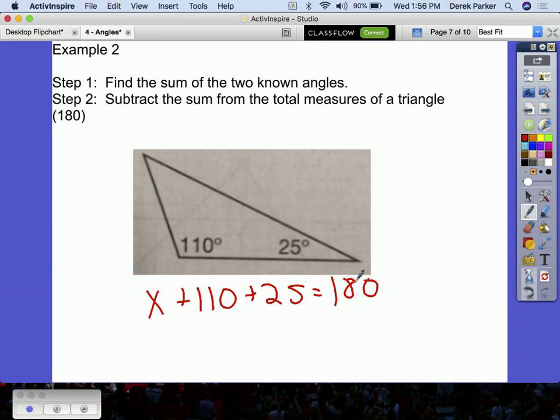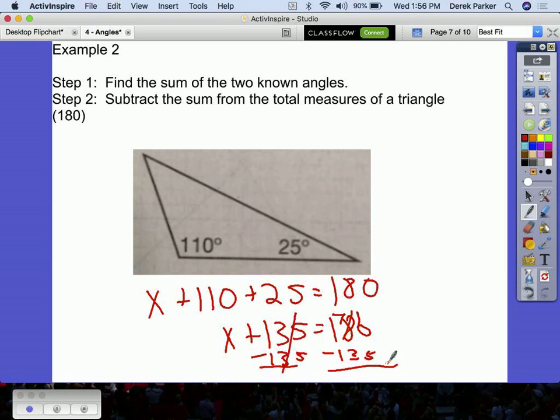Now solve the equation. X plus 135 equals 180. Solve for X, and I get 45. So my unknown angle is 45 degrees.